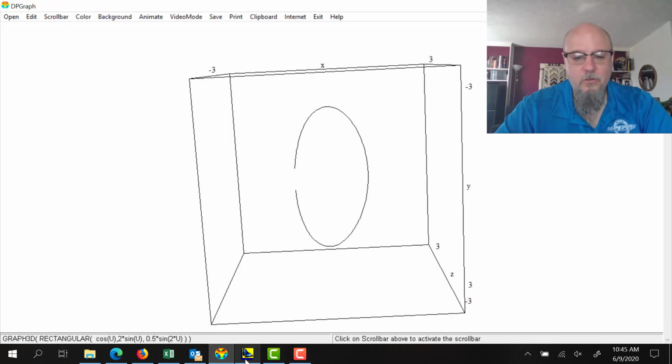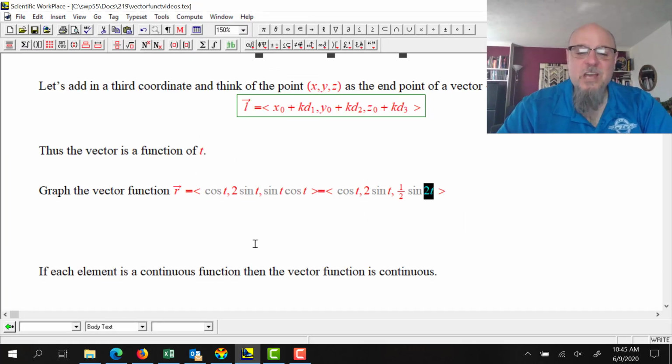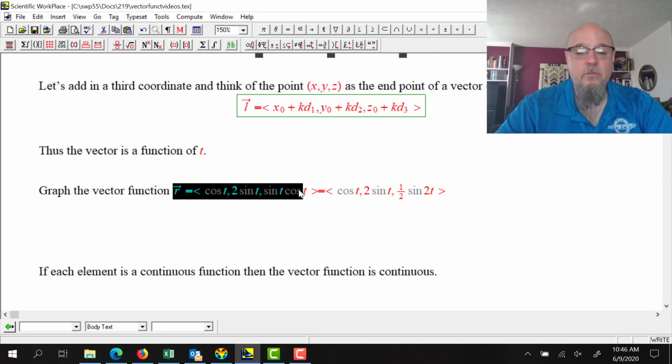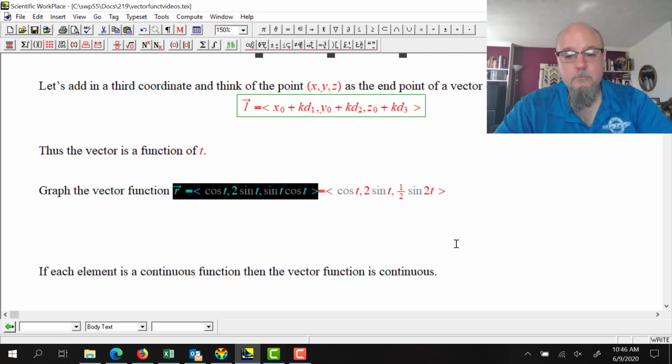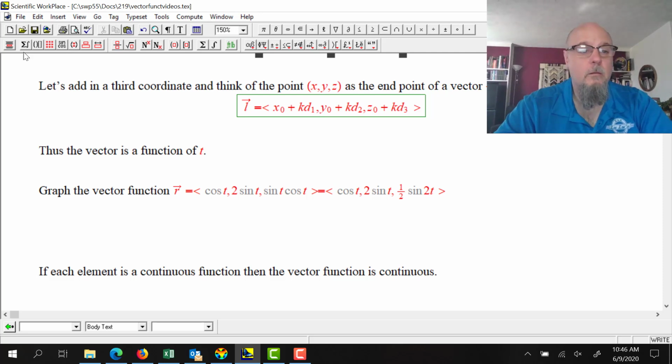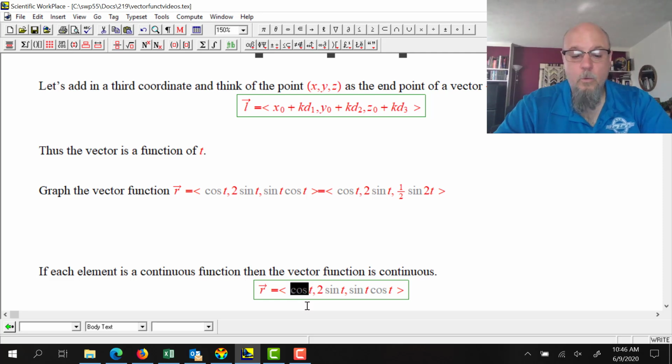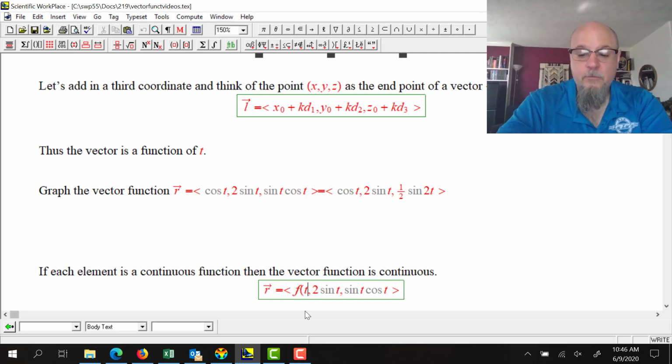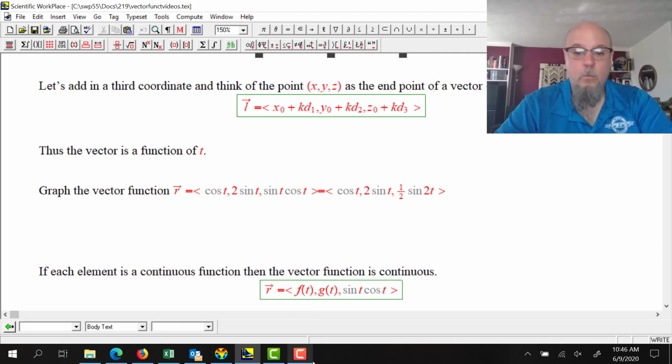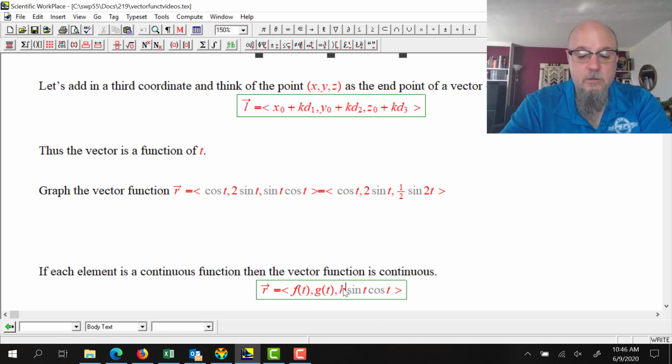Space curve. So now let's look at things in general. We're going to have some function of time for the x coordinate, some function of time for the y coordinate, and some function of time for the z coordinate.